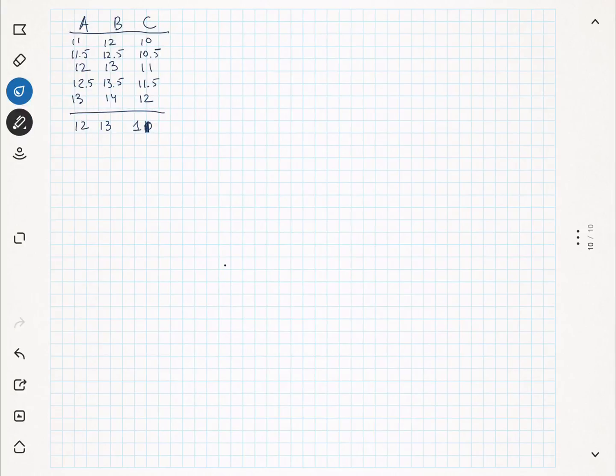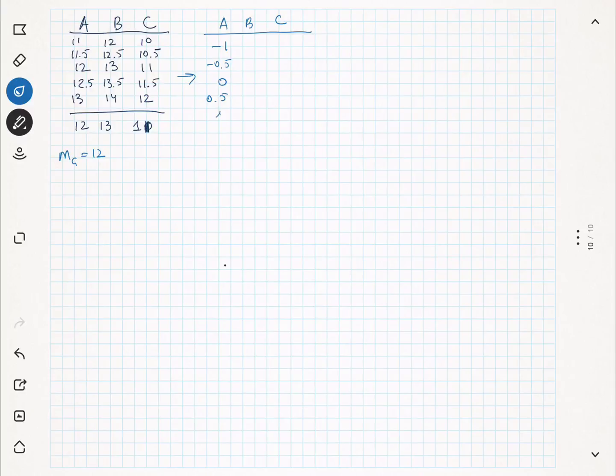We do the same. First of all, we subtract the average, right? So if you take 11, subtract the average, you remember the grand average is still 12, right? So if we took 11 and subtract 12, it will be minus 1, right? Then we have minus 0.5. Then you have 0. Then you have 0.5.